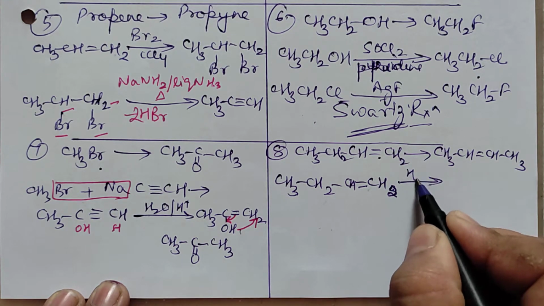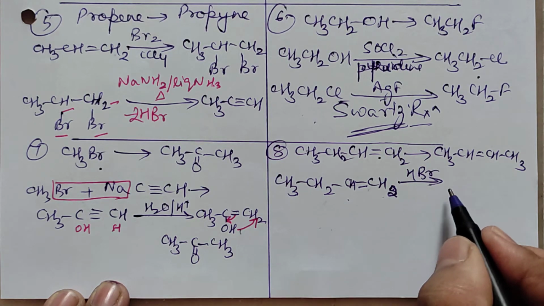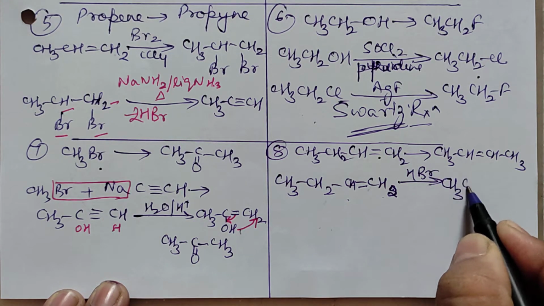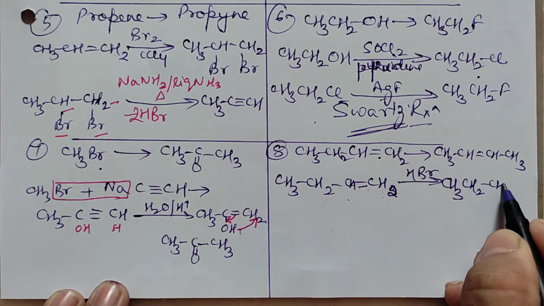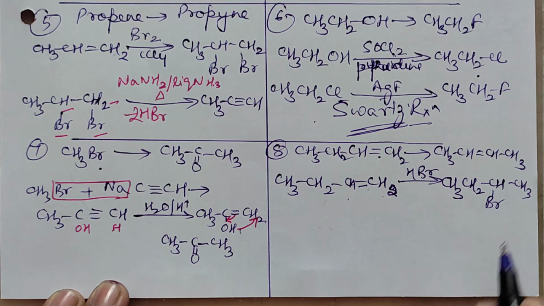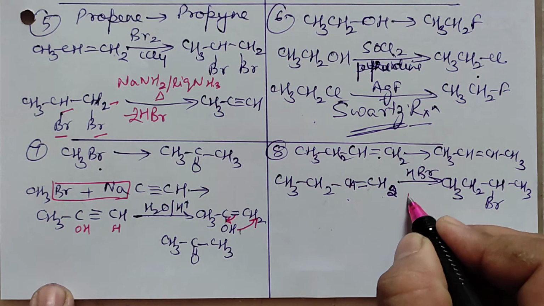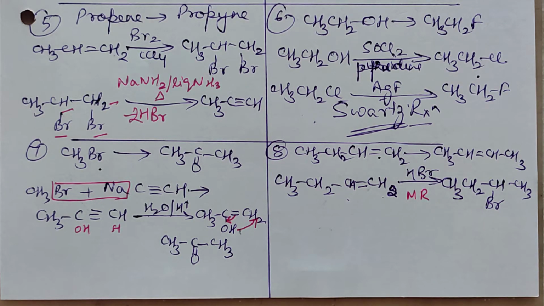To this, when you add HBr, how will it add on? Markovnikov's rule, H here, Br here. So you will get here CH3, CH2, this will be CH, Br, and this is CH3. Yeah, first Markovnikov's addition. This is Markovnikov's addition of HBr. So we have added as per Markovnikov's rule.